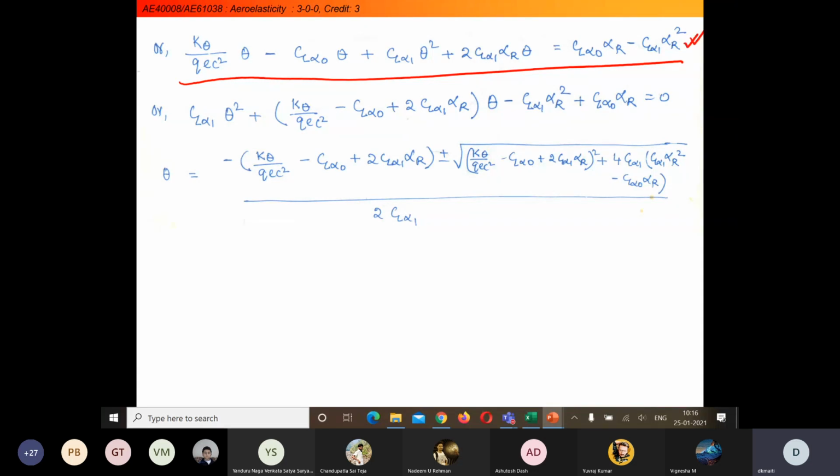After arranging this equation in a quadratic equation form, we get Cl alpha 1 into theta square, that is the quadratic term I have taken first, plus k theta by q e c square minus Cl alpha naught, this term, plus 2 Cl alpha 1 into alpha r into theta. That is the term which is associated with theta only. Then the constant term minus Cl alpha 1.